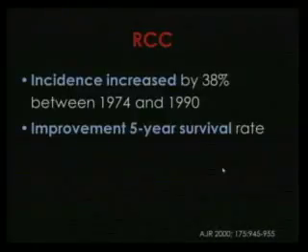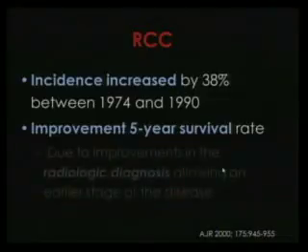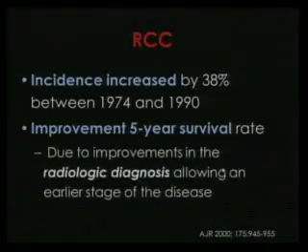The incidence increased by 38% in the last few decades, and this is basically related to the cross-sectional imaging modalities, no? And the 5-year survival rate also improved in the last few years.